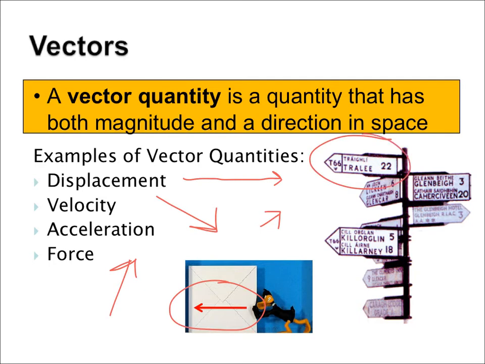This is a vector. The distance there, yes, that's a magnitude. But the arrow turns it into a vector, makes it what's called displacement. You have to displace yourself in that direction by 22 kilometres to arrive in Tralee, which is a nice place.